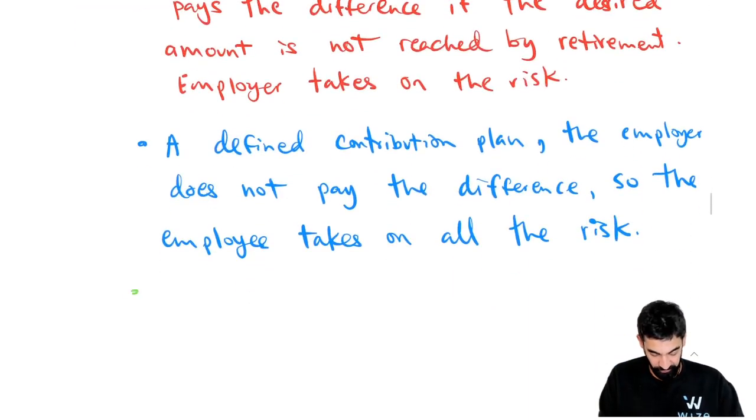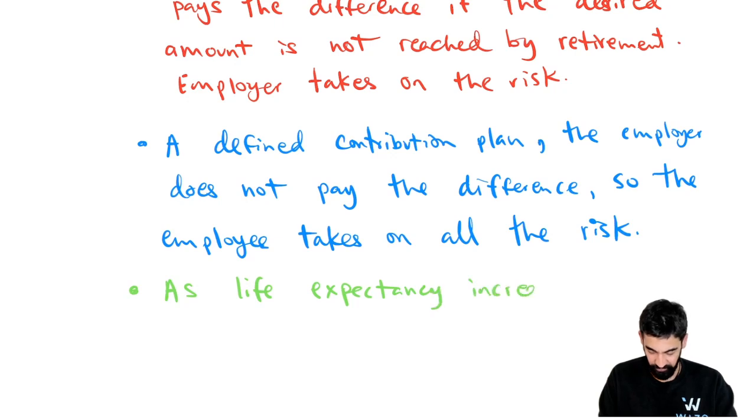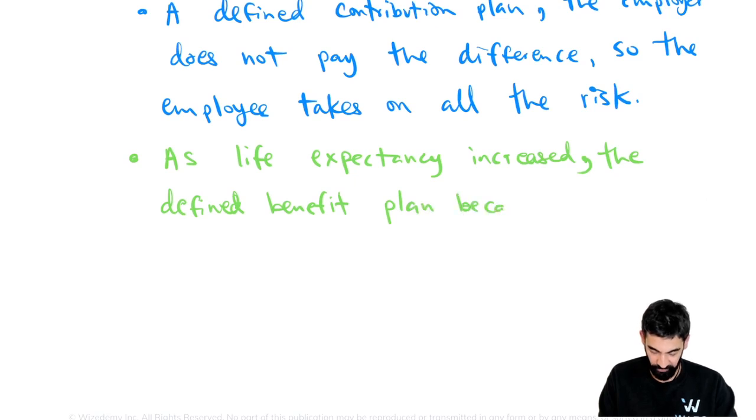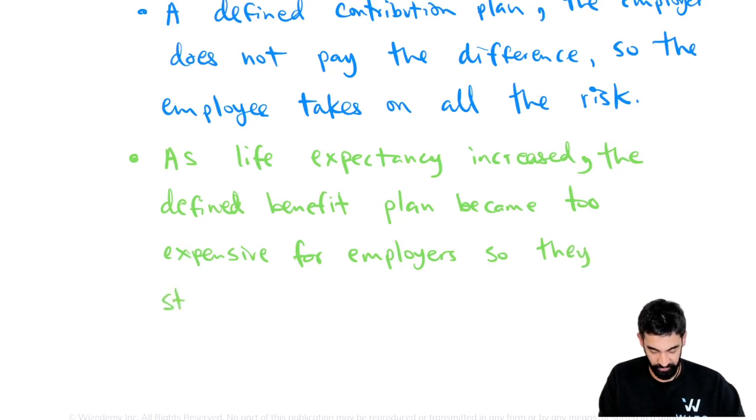So you can say, like, as life expectancy increases, the defined benefit plan became too expensive for employers, so they stopped offering it.